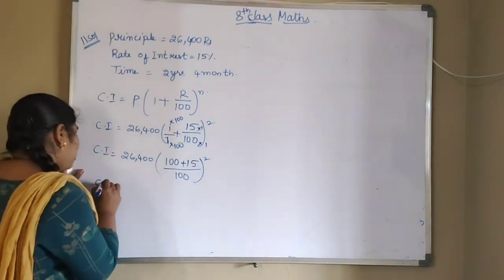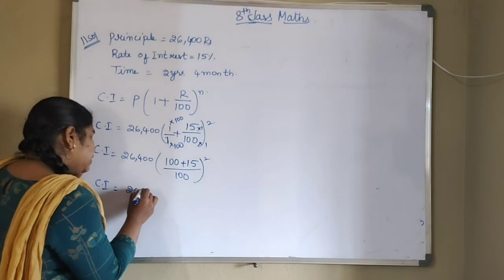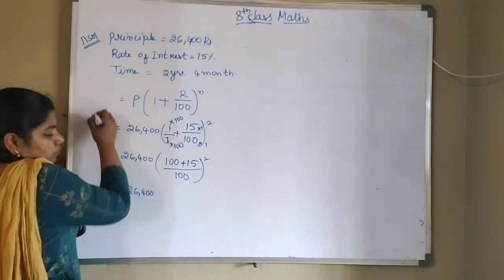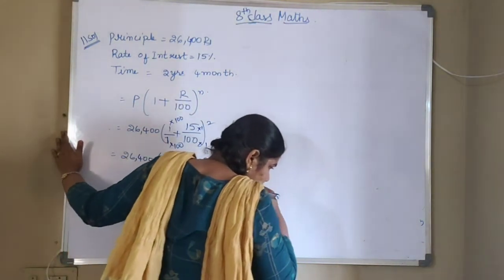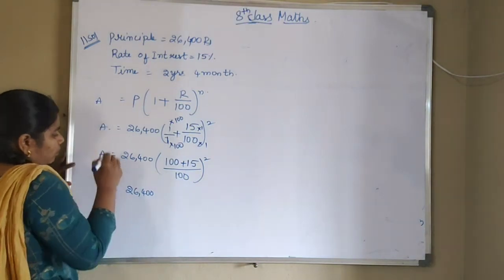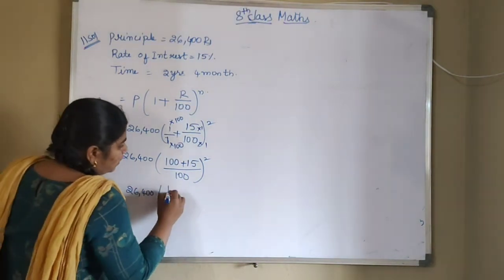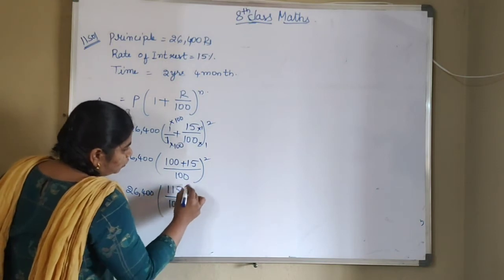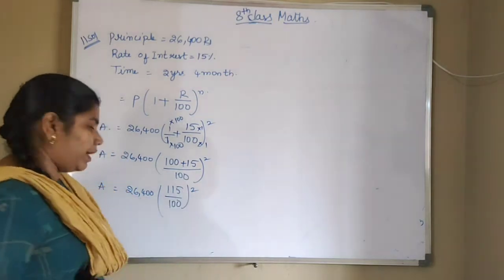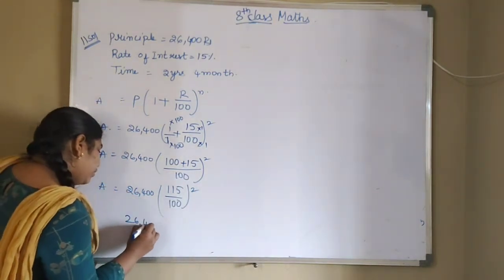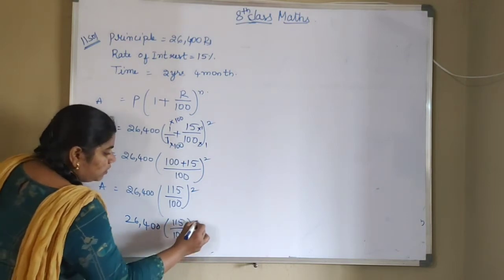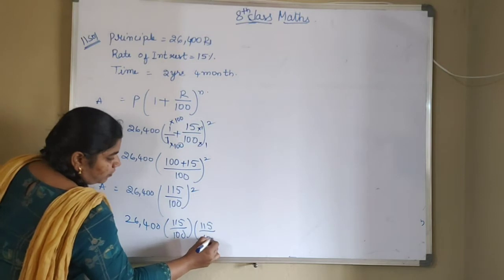Okay. So now compound interest is equals to 26,400. Sorry, this is amount. So this will be (115 by 100) to the power of 2. So how many times do we have to write this? We have to multiply 2 times. So that is 26,400 into 115 by 100 into 115 by 100.